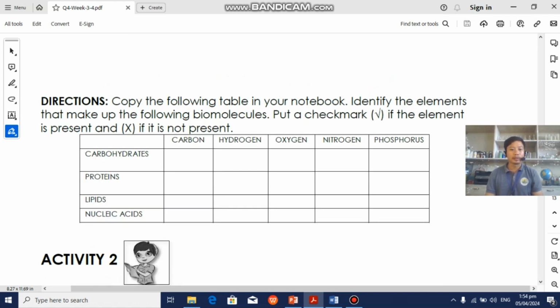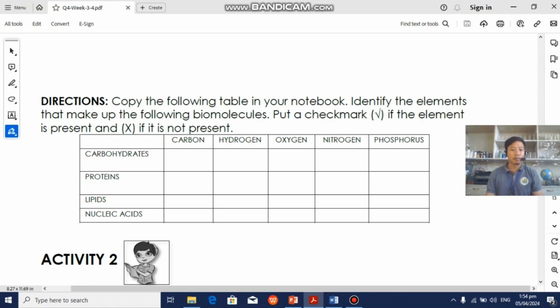Directions: copy the following table in your paper, not in your notebook, on one whole sheet of paper. You have to identify the elements that make up the following biomolecules. Put a check mark if the element is present and X if it is not present.